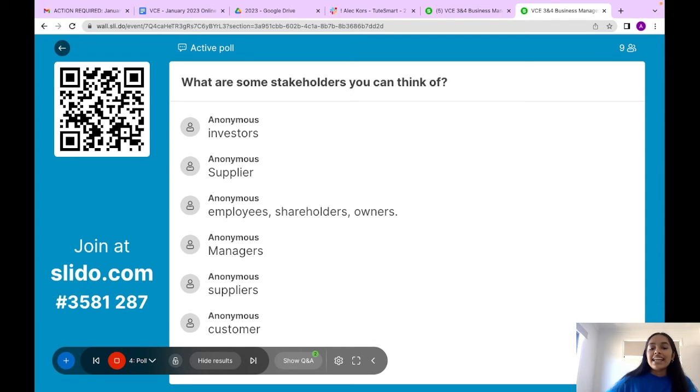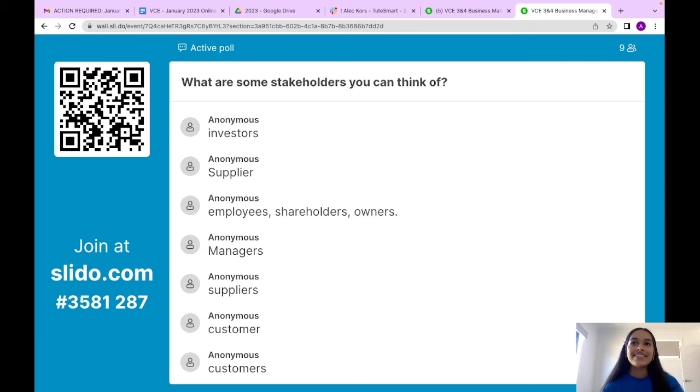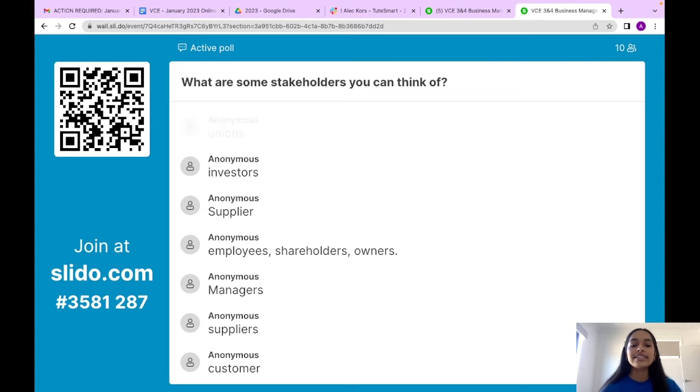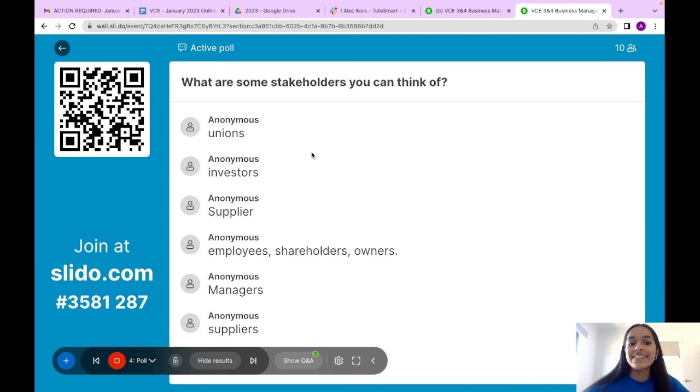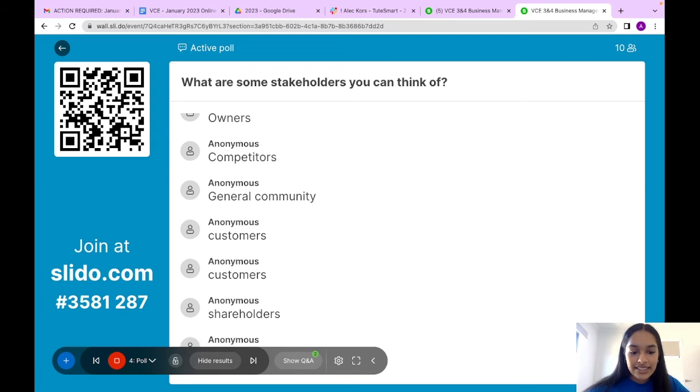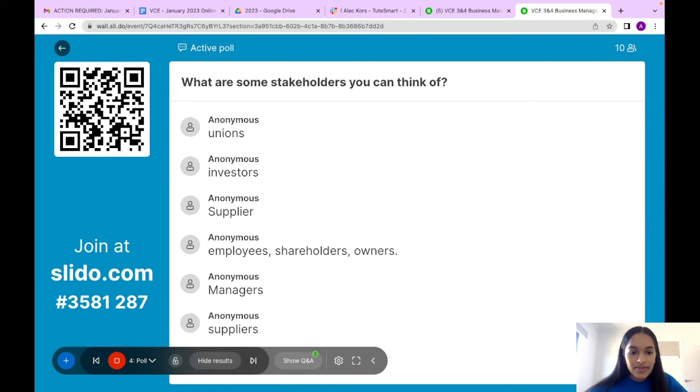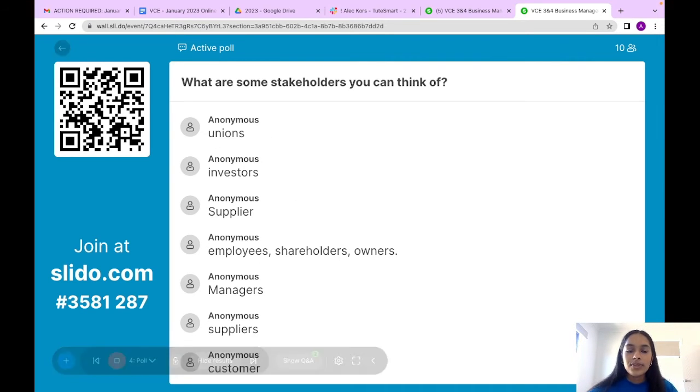Shareholders, owners, and investors are kind of the same; I would maybe use the terminology shareholders. Shareholders and investors are the same, while owners would be different. Good, amazing stakeholders. Unions, perfect, awesome, great job, guys. These are all amazing ideas.